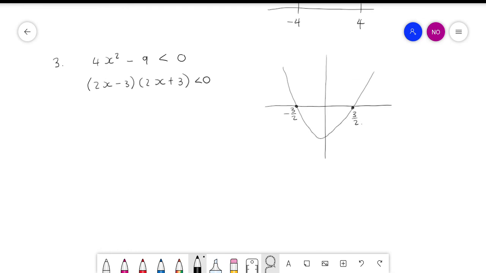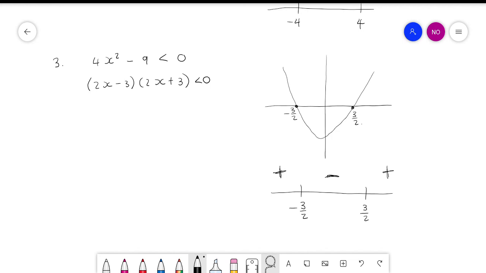Okay, so if I draw this on a number line, my x values, negative 3 over 2, positive 3 over 2. What sign will be here? Negative. What will be here? Easy enough, right? Now you only worry about the inequality. What are they looking for? A plus or a minus? Kyk weer. Kyk weer. Minus. Nee, hy sê kleiner as. Okay.